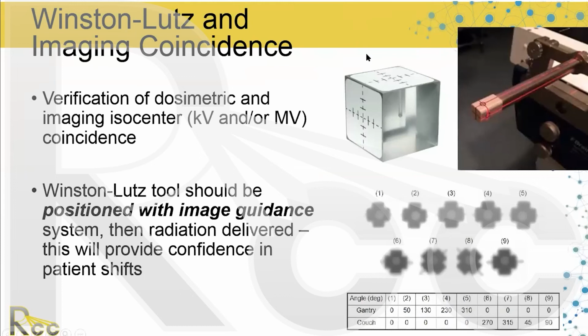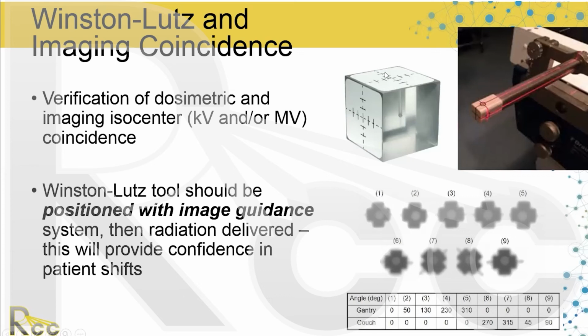So this is the Winston-Lutz. There's lots of different tools for it. The principle is the same. It's a BB set at isocenter. How you set it up at isocenter: if you're using the lasers for targeting, sure. But if you're using imaging for targeting, you should set it up with the imaging.